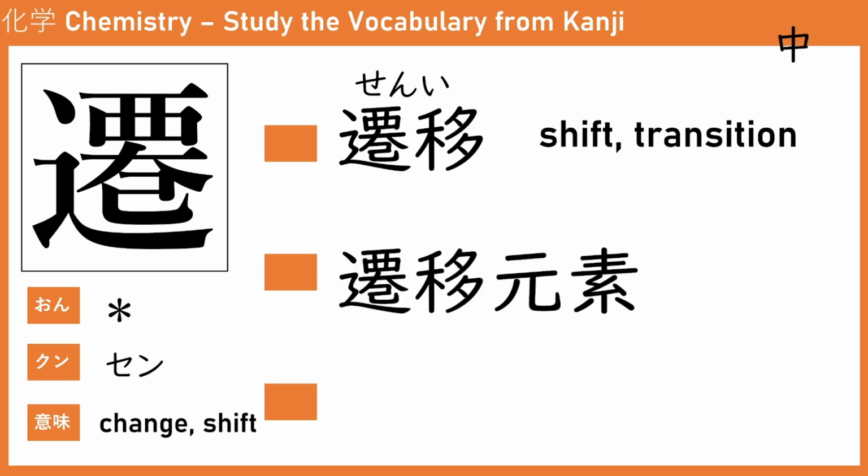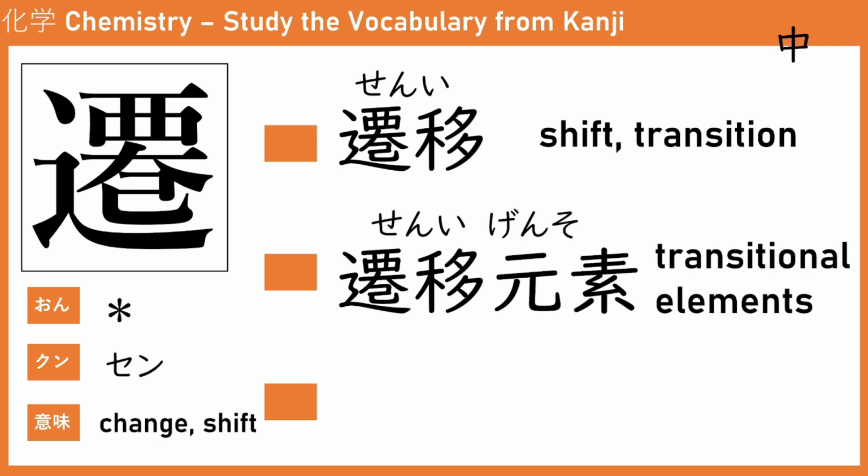And these kanji will be used in seni genso. Seni genso is the transitional elements. Okay, so we got from group 3 to group 12. So these are the transitional elements, or sometimes people call them transitional metals, like iron, nickel, copper, and other stuff in the middle of the periodic table.